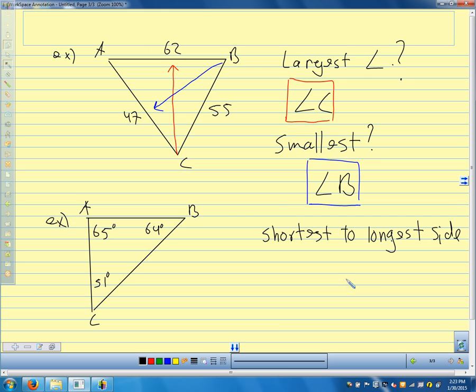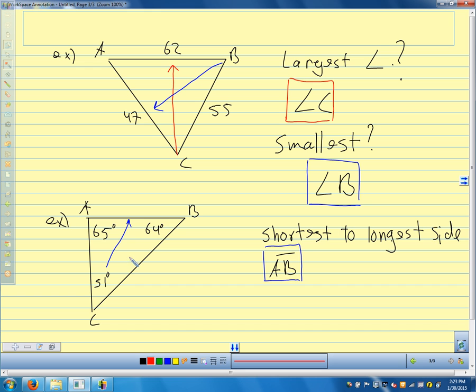Do we get it? Which one's the shortest? AB. And that's because it's across from the smallest angle. How about which one is the medium?